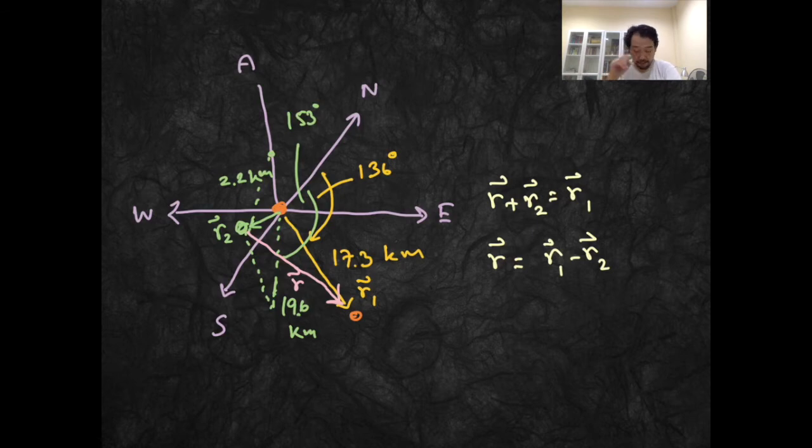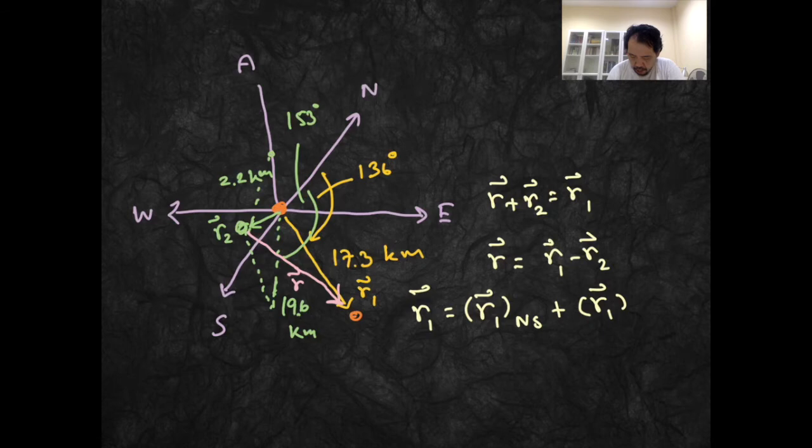Now we can write vector R1 as a component of R1 along the north-south axis plus vector R1 along the east-west axis.